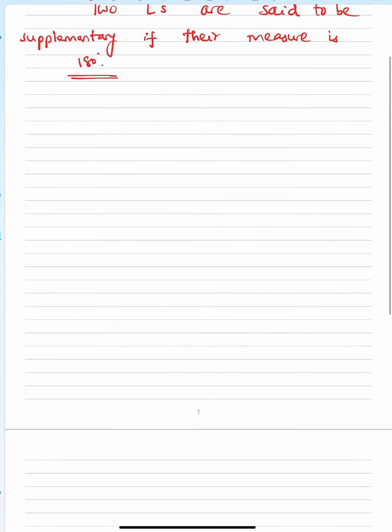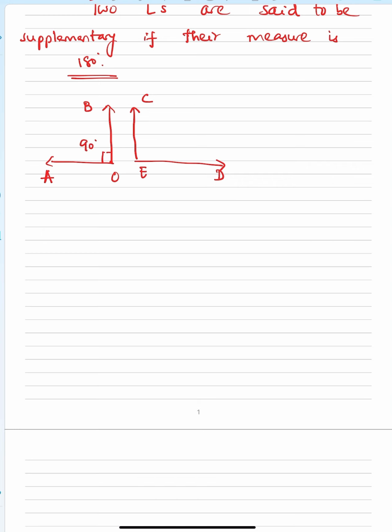Now we can take two figures. Suppose one figure I draw like this and the other one like this. Let us name them AOB and CED. Here this angle is 90 degrees and this angle is also 90 degrees.